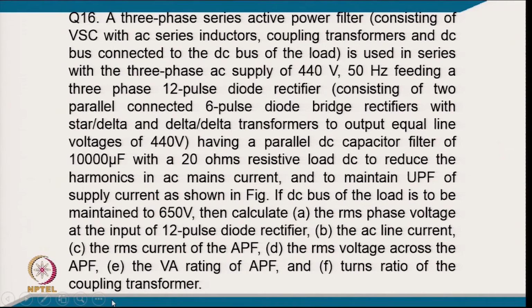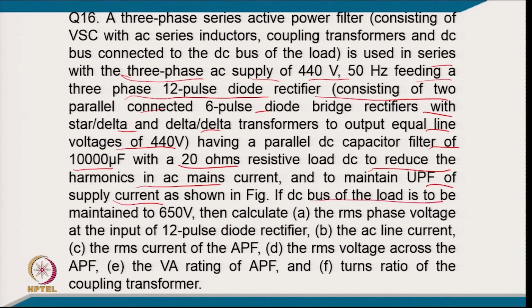A 3-phase series active power filter consisting of a voltage source converter with an AC series inductor, coupling transformer and DC bus connected to the DC link of the load is used in series with the 3-phase AC supply of 440 volt 50 hertz, feeding a 3-phase 12 pulse diode rectifier consisting of 2 parallel connected 6 pulse diode bridge rectifiers with star delta and delta delta transformers, with output equal to the line voltage of 440 volt, having a parallel DC capacitor of 10,000 microfarad with a 20 ohm resistive load on DC, to reduce the harmonics in the AC mains current and to maintain unity power factor of the supply current as shown in the figure.